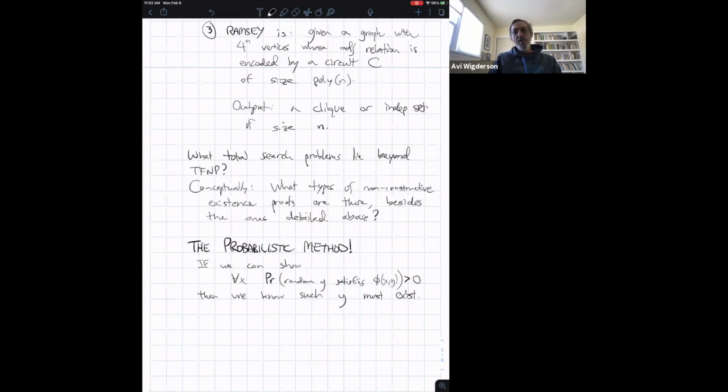And the Pigeonhole principle is, in a sense, a special case, I guess.